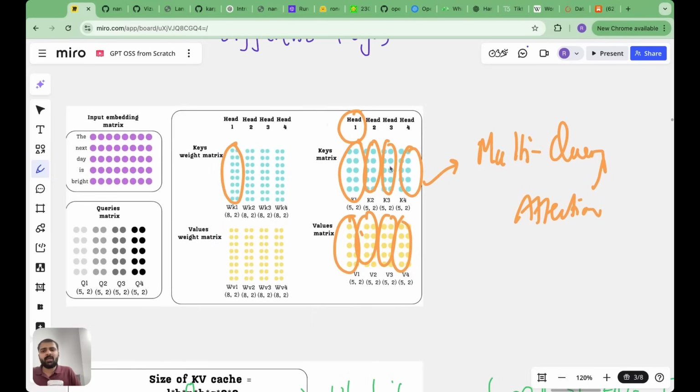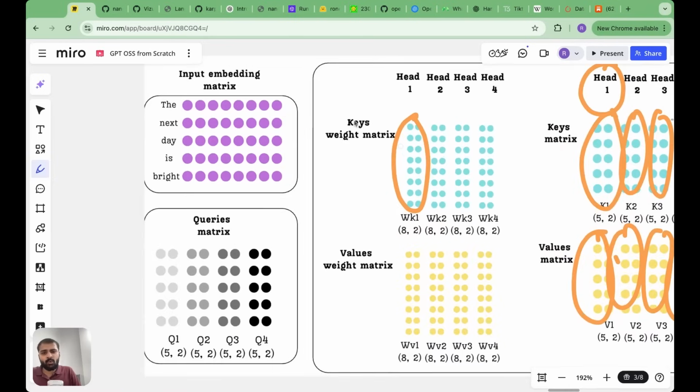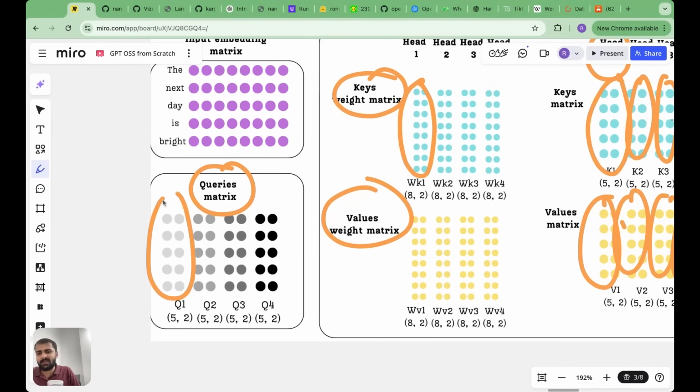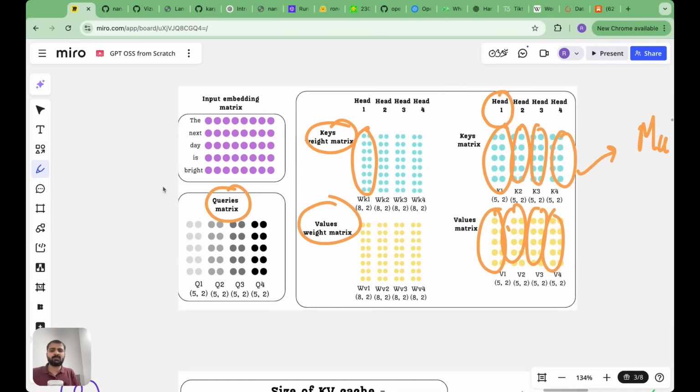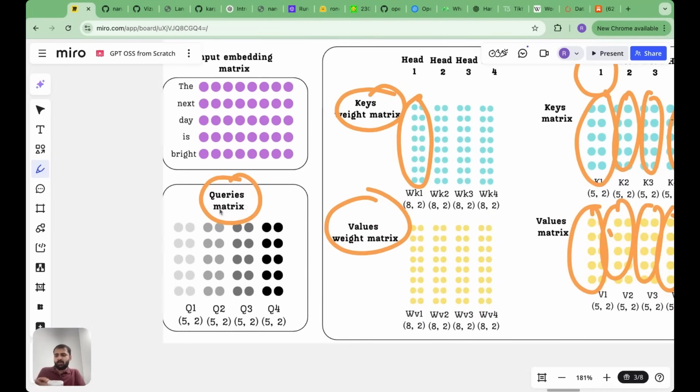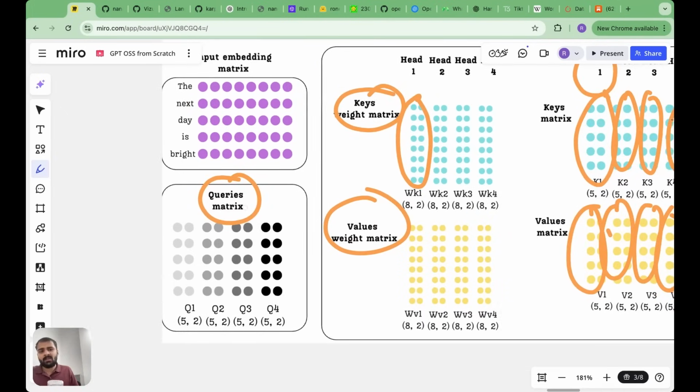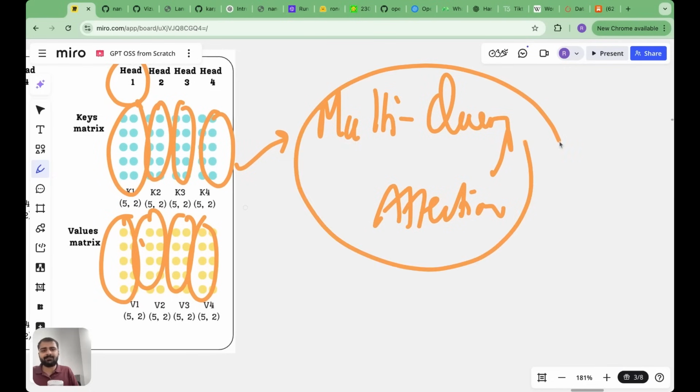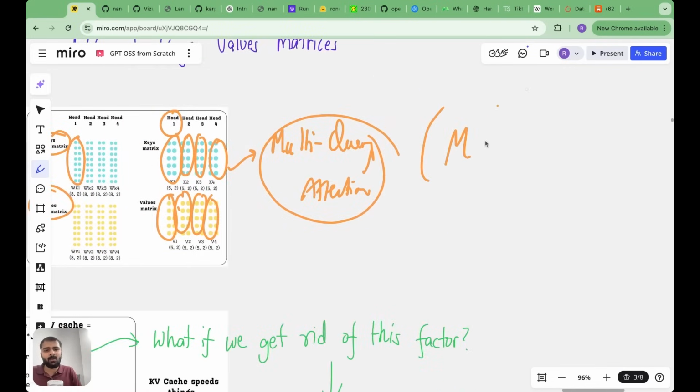So remember, the sharing of parameters across heads is only valid for keys and values. For the queries, the parameters are separate across different heads. That's fine, because the query matrix does not contribute to the key value cache problem. That's why it's called multi-query attention, because the queries are kept separate while keys and values are shared across all the heads. That's called MQA.